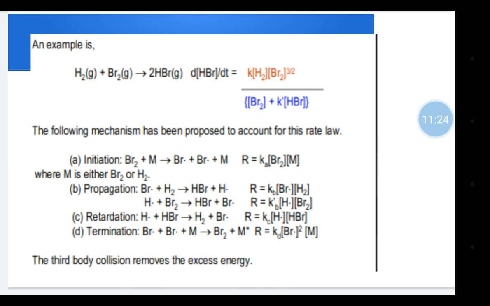This removes the excess energy of the bromine free radical so that these two can combine together to give a bromine molecule. So this is the proposed mechanism which explains well the observed rate law for the hydrogen bromine reaction. Hope you all are writing lecture notes.